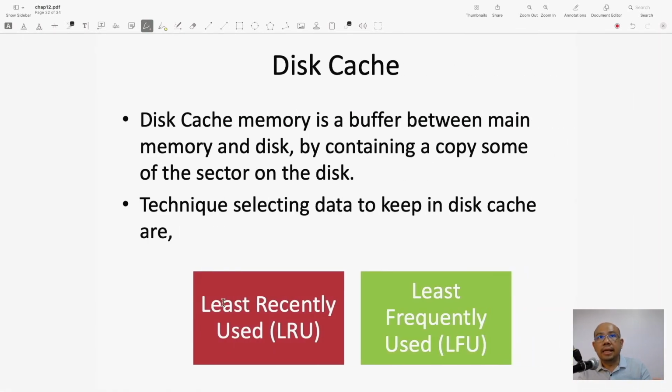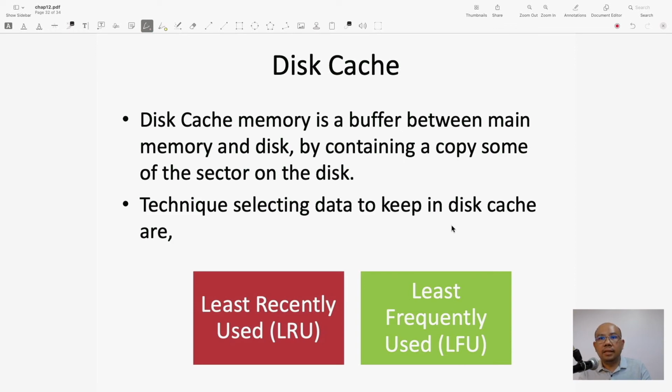Now the disk cache is a memory buffer between the main memory and the disk. The disk cache contains copies of some sectors on the disk. You can also use the technique of this cache for data transfer or to keep a list of the data remaining in your system.